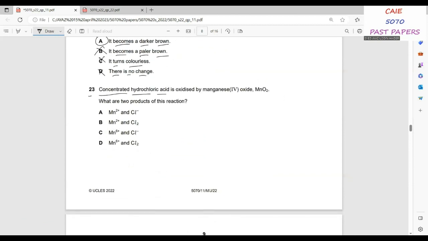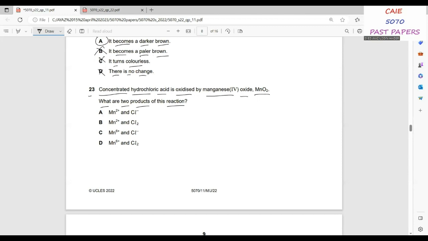23. Concentrated hydrochloric acid is oxidized by manganese(IV) oxide MnO2. What are two products of this reaction? During the oxidation by manganese(IV) oxide, Mn4+ changes into Mn2+. We know that. And also, during its reaction with hydrochloric acid, it oxidizes chloride ion into chlorine gas.